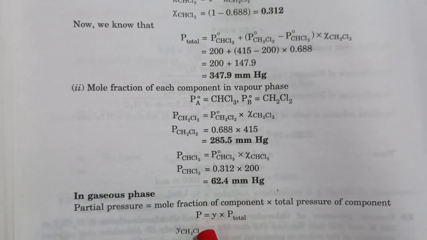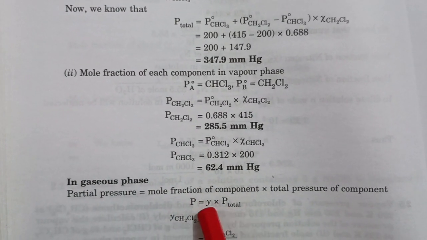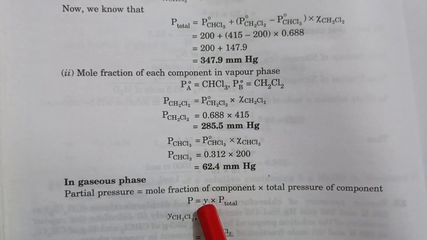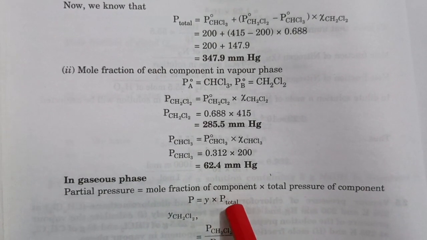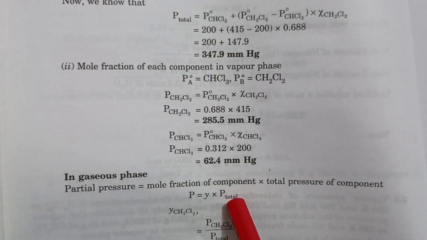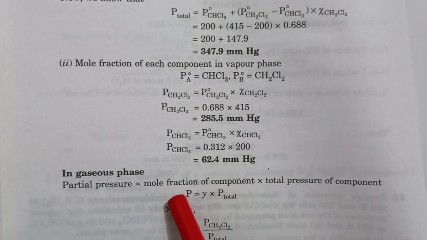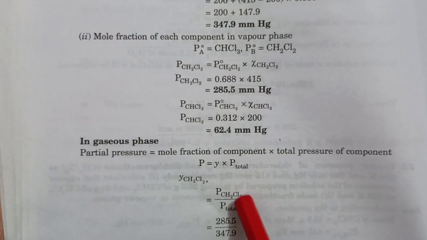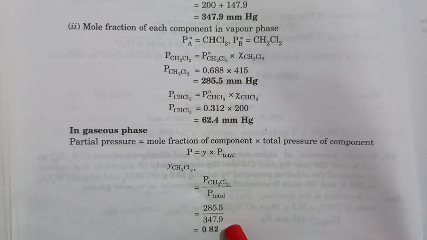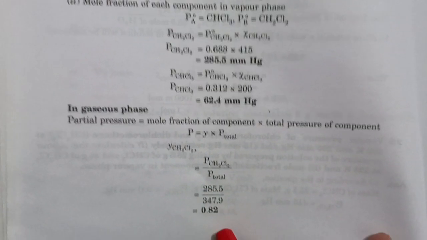The formula in the gas phase is: partial pressure equals the mole fraction in gas phase multiplied by the total pressure. So partial pressure divided by the total pressure gives the mole fraction in the gas phase.